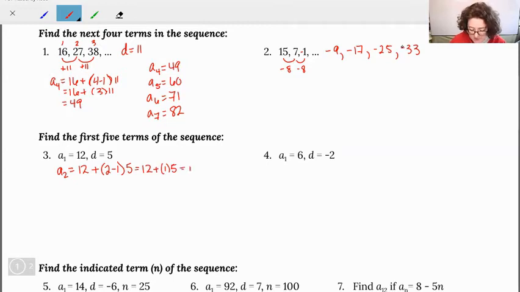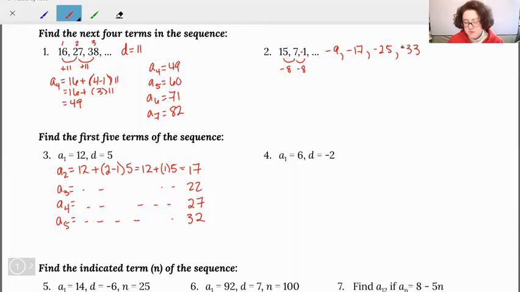So 12 plus 5 is 17, exactly what we would have gotten if we just added 5 to that first term. So a sub 3, add 5, we get 22. A sub 4, add 5, we get 27. A sub 5, add 5, we get 32.